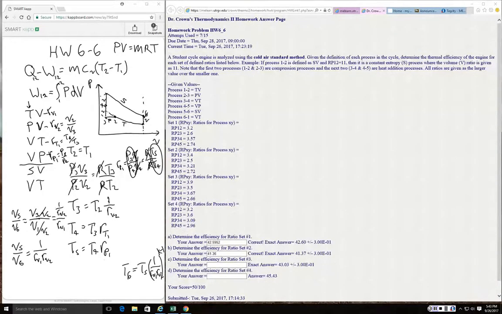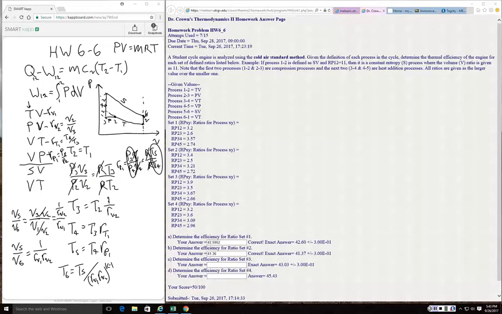So finally, T6 equals T5 divided by R V1 R V2 to the K minus 1. Okay, so now I have all my equations for temperature.